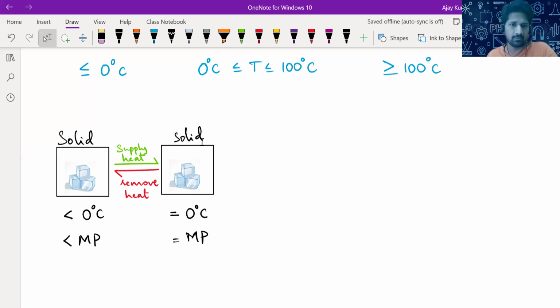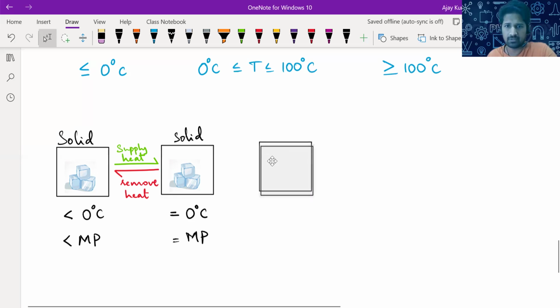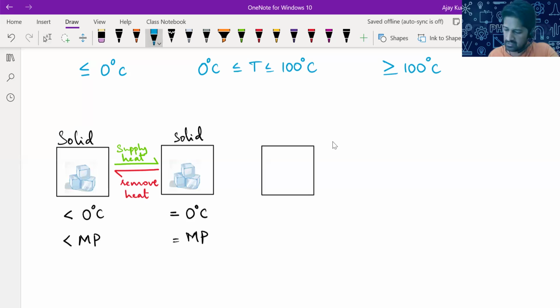It converts to liquid. But when that conversion is happening, when ice converts to water, temperature change will not occur. Ice at 0 degrees will convert to water at 0 degrees.